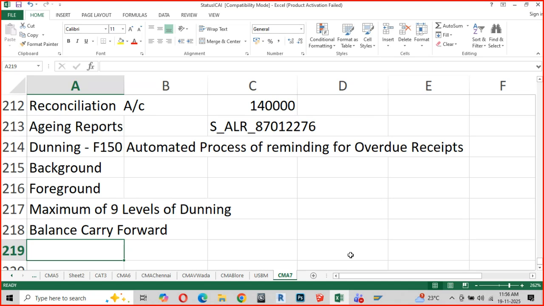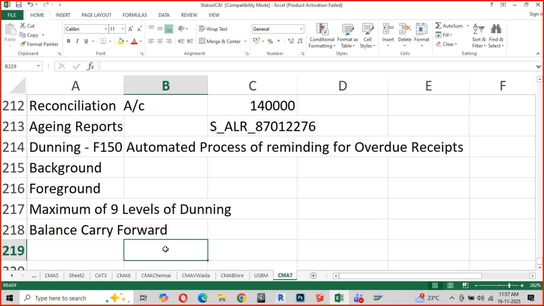So typically you have all the balances of your profit and loss accounts being carried forward through a process. There is a general ledger account which actually does this particular carry forward activity. Clear? I will tell you what it is.